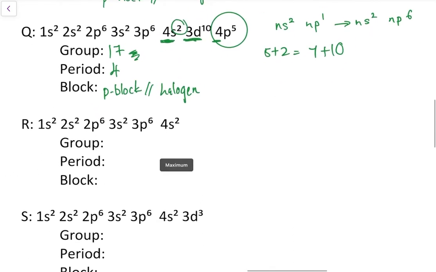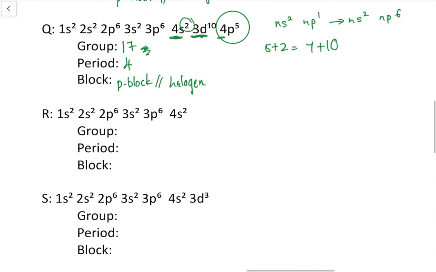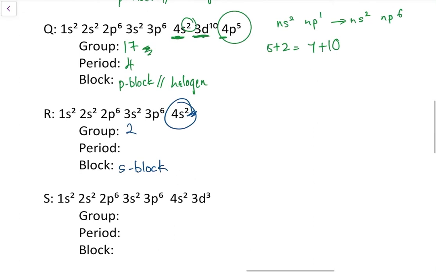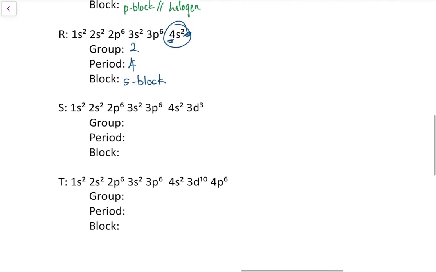Alright, and then looking at the next element, 4s2 is the outermost electron, so obviously it comes from s block. How about the group? Since there are 2 electrons, that means it comes from group 2, and the highest principal quantum number is 4, so that means the element is in period 4.